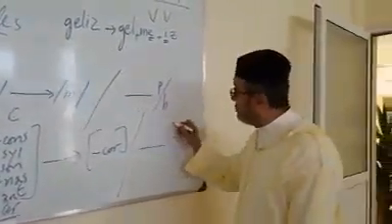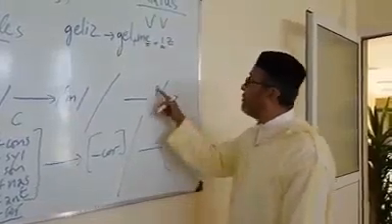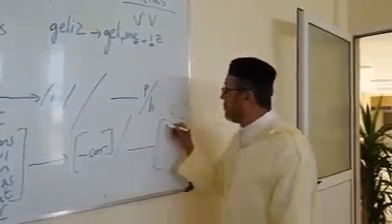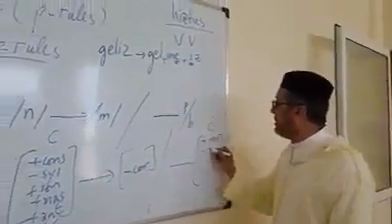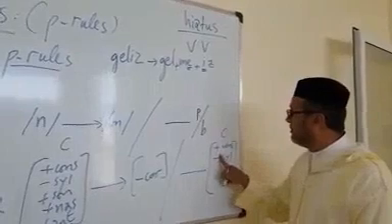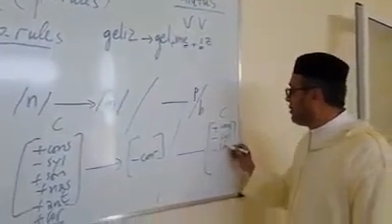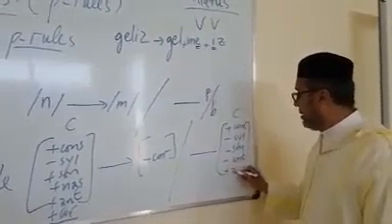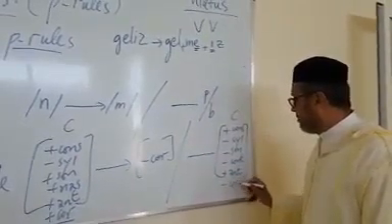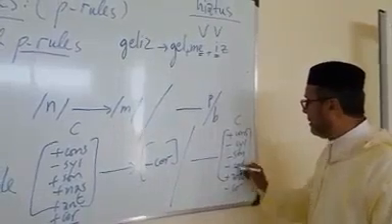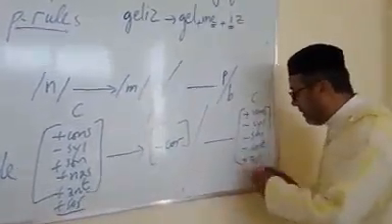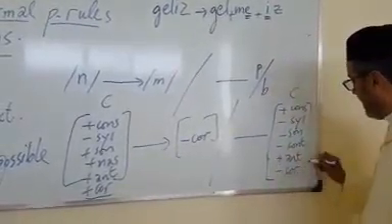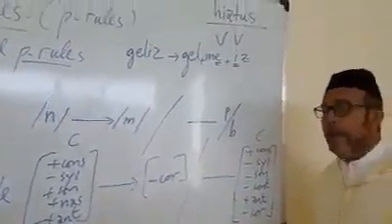So we have to use again a feature matrix for these two sounds: plus consonantal, minus syllabic, minus sonorant, minus continuant, plus anterior, minus coronal. Now you are describing p and b.